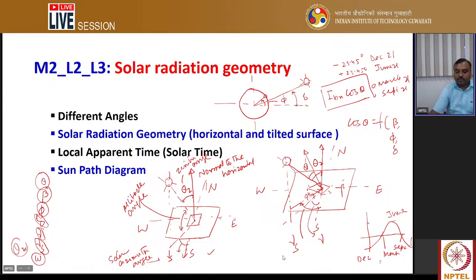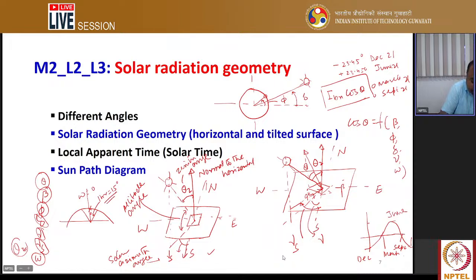Okay, so that's how we can find out all the angles, gamma, then omega, and again omega we need to know. So it is something like this. Okay, so this omega is 0 at solar noon here, and every hour is 15 degree.